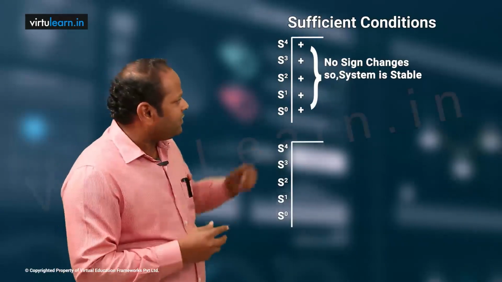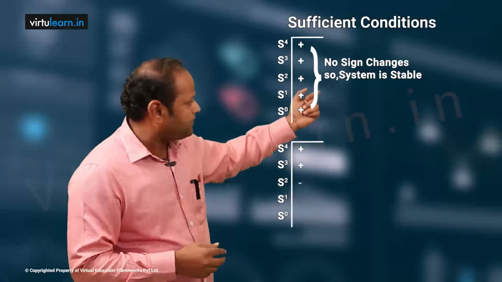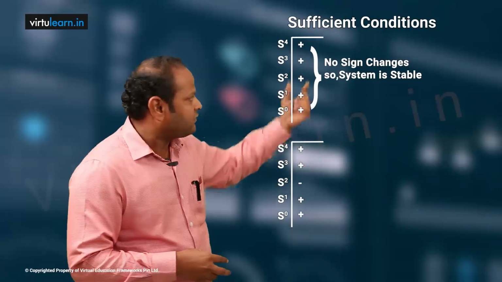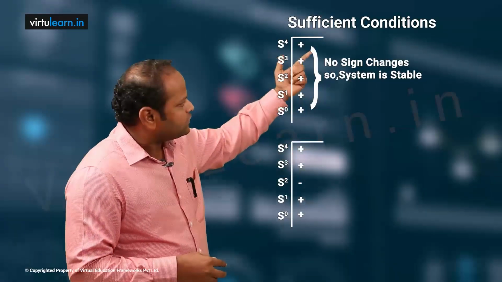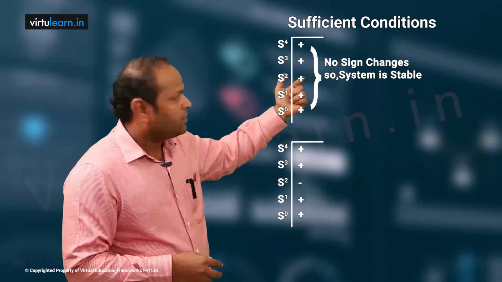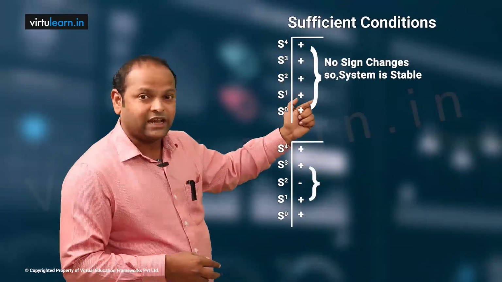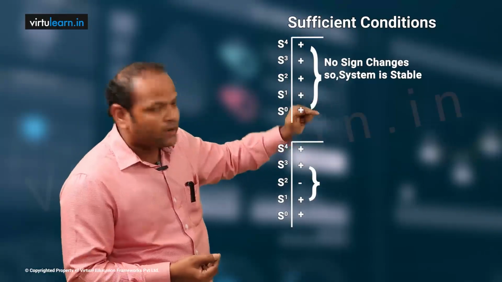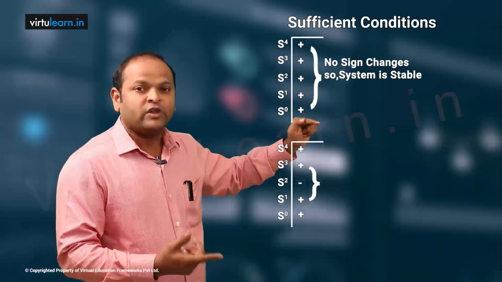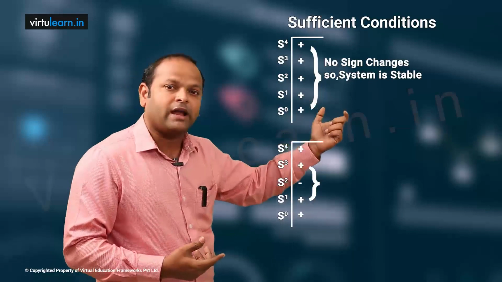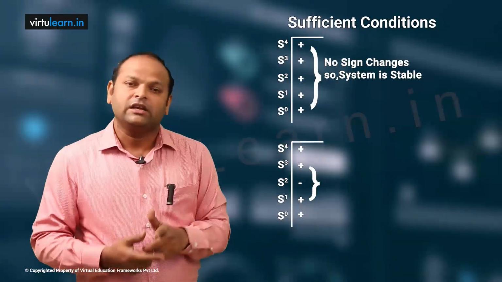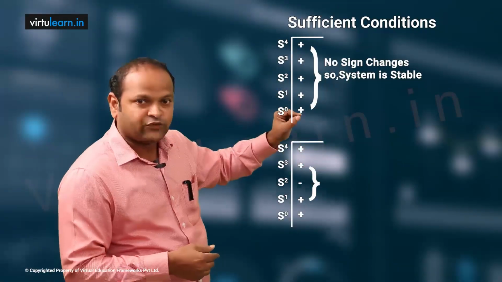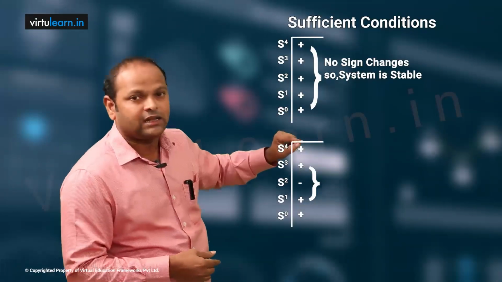Look at the second one. Here I have plus, plus, minus, plus, plus. First to second there is no sign change, but second to third there is a sign change, because plus to minus is one sign change, and minus to plus is one more sign change. Don't think that since there is only one minus there is only one sign change. Plus to minus is one sign change, minus to plus is another.